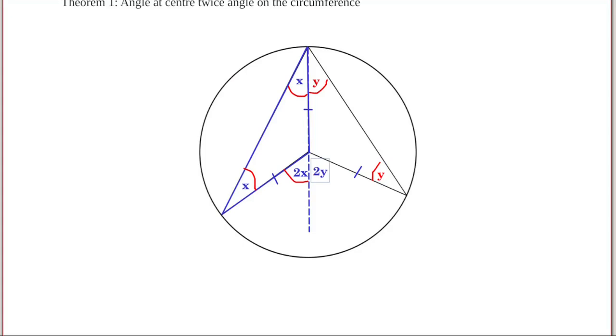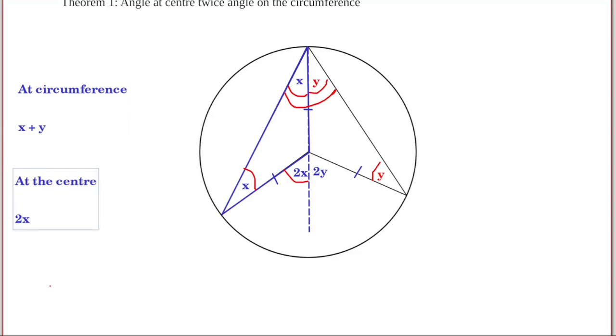So now let's check this one. The sum of these two angles is x plus y. So at the circumference, I have x plus y. And then what's happening at the center?